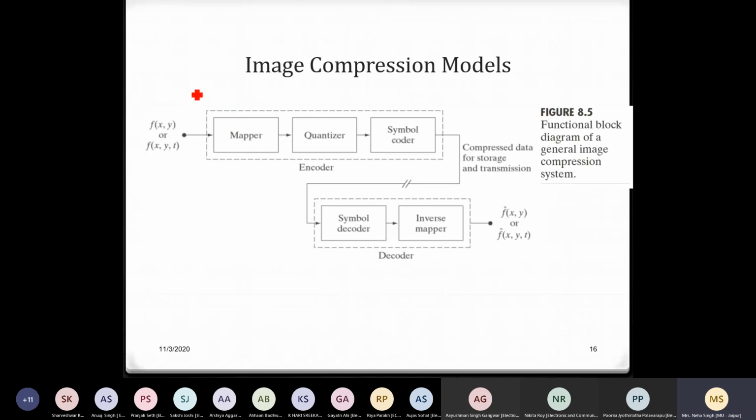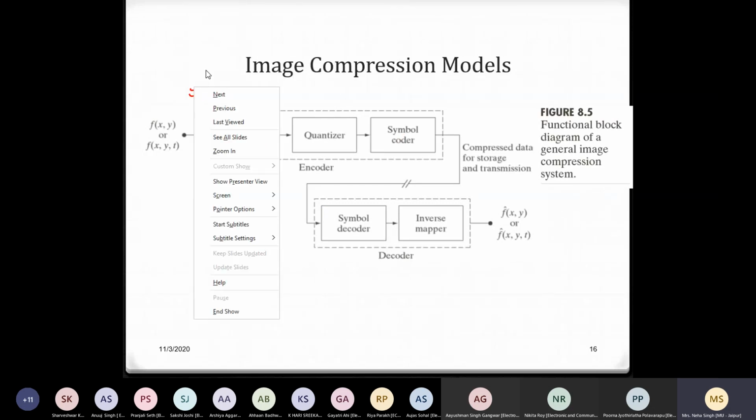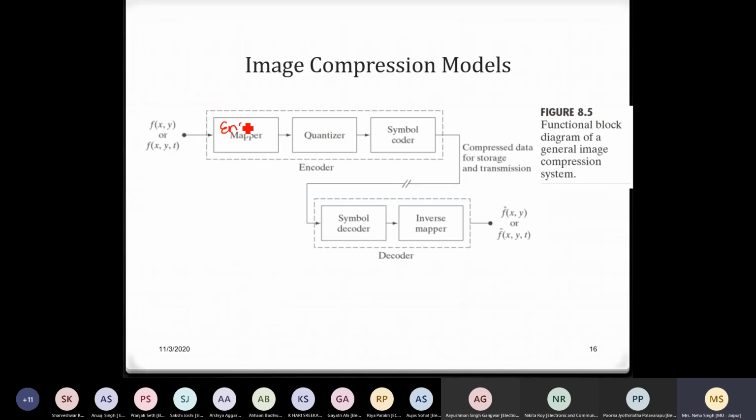Mapper simply means that I should have some encoding done, right? Encoding done means for every symbol I should have some code assigned. This is the basic thing that we need to work with, right?